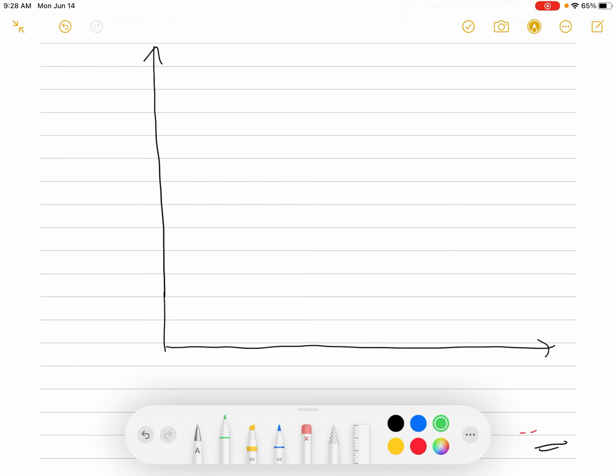All right, so let's say we have a parent function. Let's call this y equals f of x.